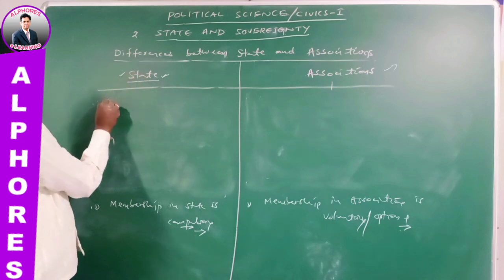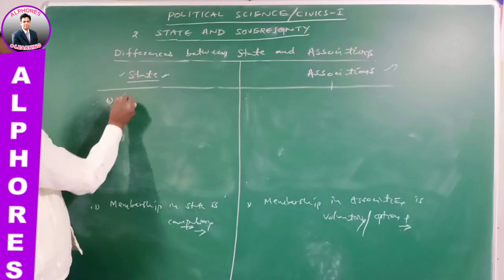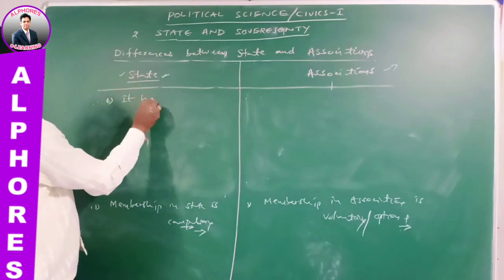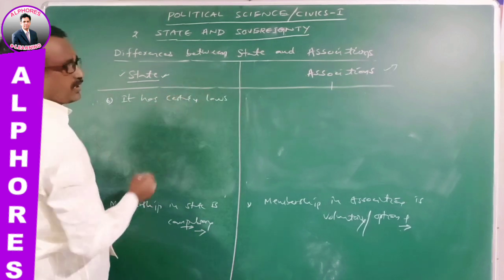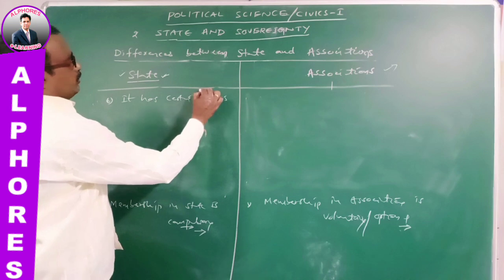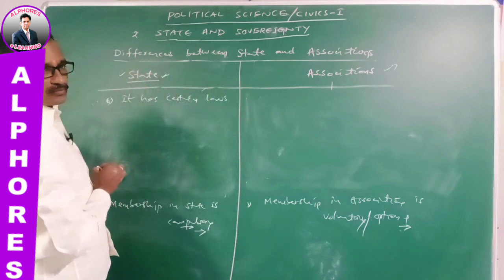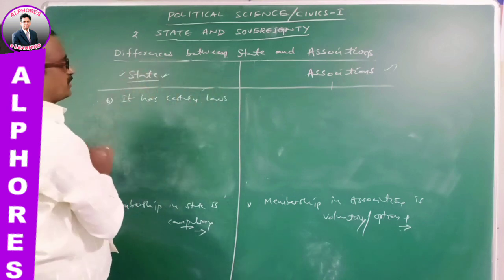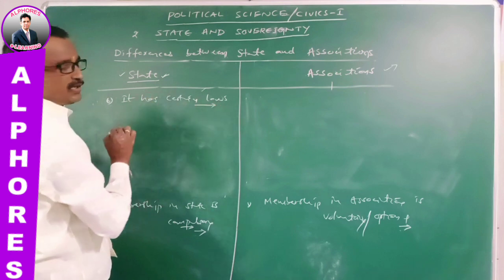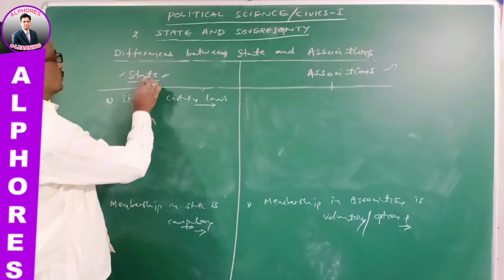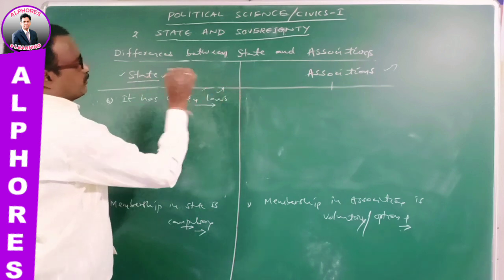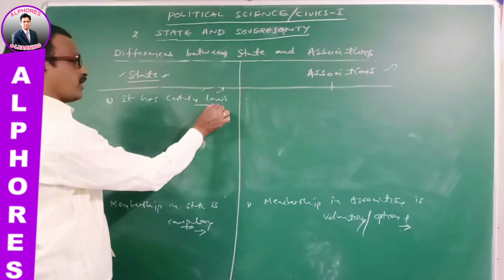So state has certain laws for administrative purposes. They are formulated by legislature and implemented by the executives. So it has certain rules and regulations in the form of laws.